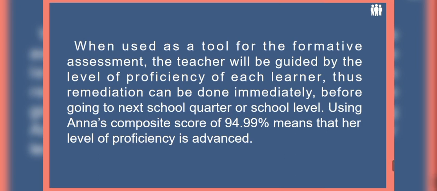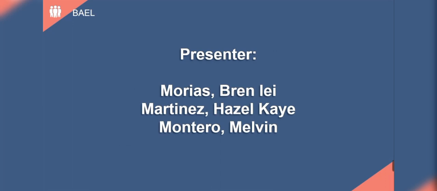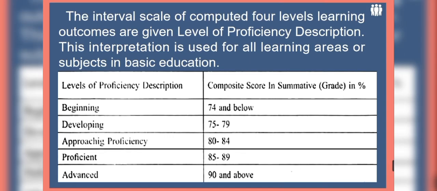Using Anna's composite score of 94.9 means that her level of proficiency is advanced. Anna's grade was 94, which is 90 and above, so she is at the advanced level.